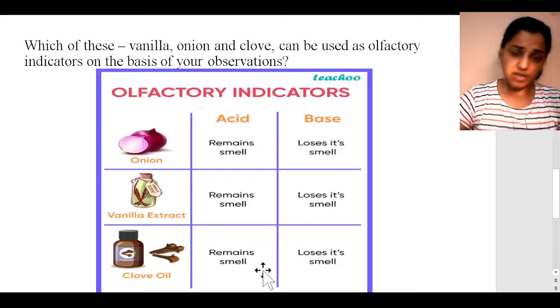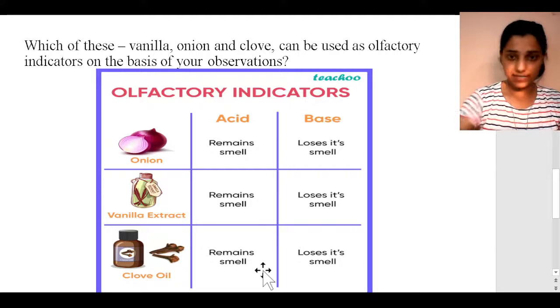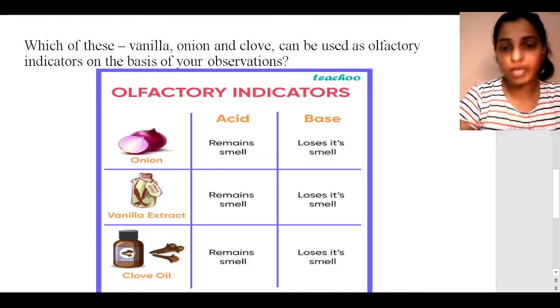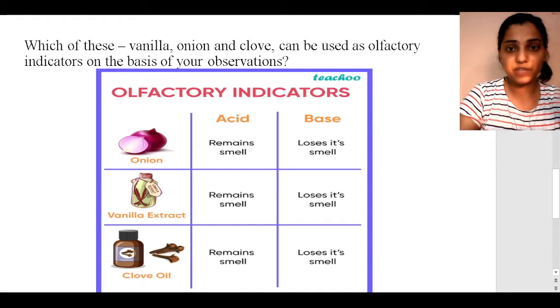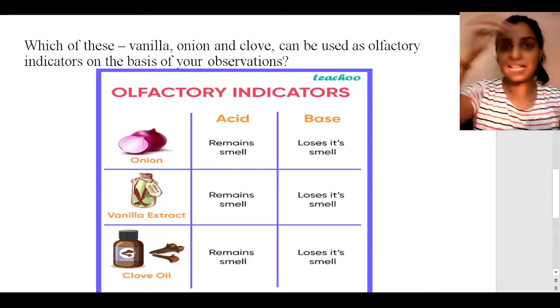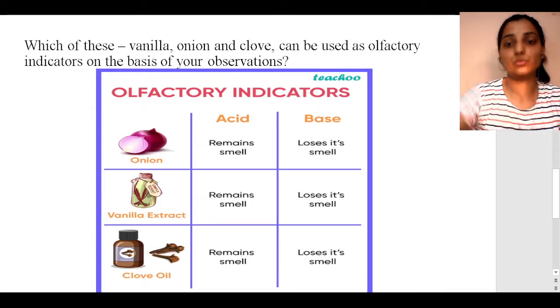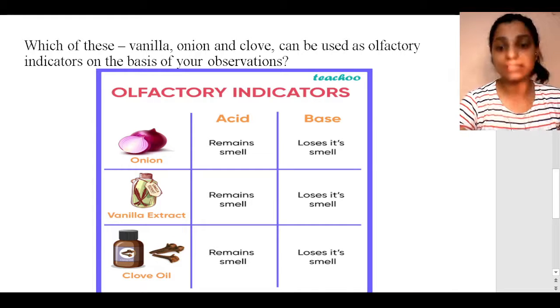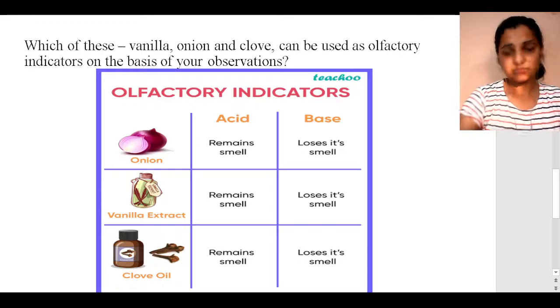After adding HCl, तो वनीला का जो odor होगा, that will remain the same. Then we'll come to know that the HCl is being used. If vanilla loses its smell, so we'll come to know that the base is used, that's NaOH is used, right?